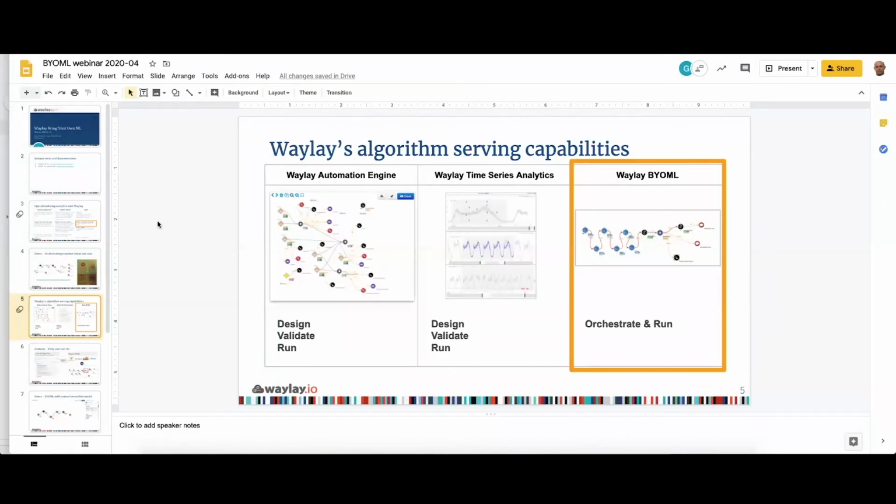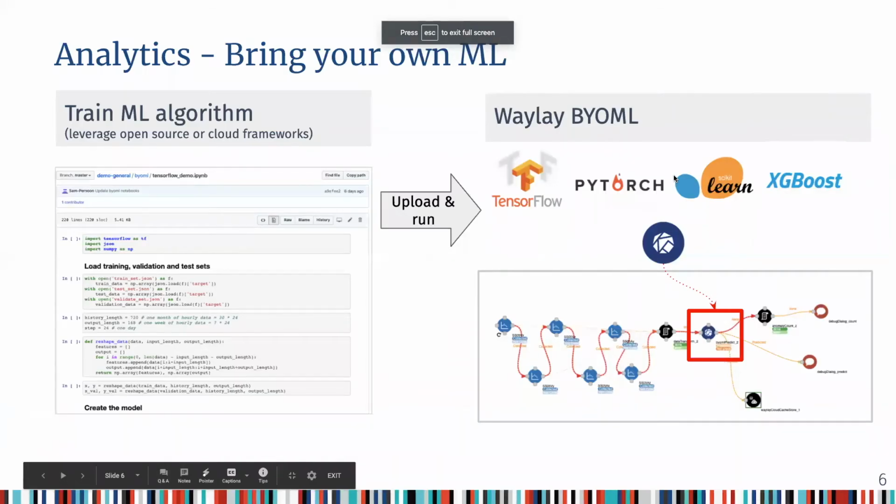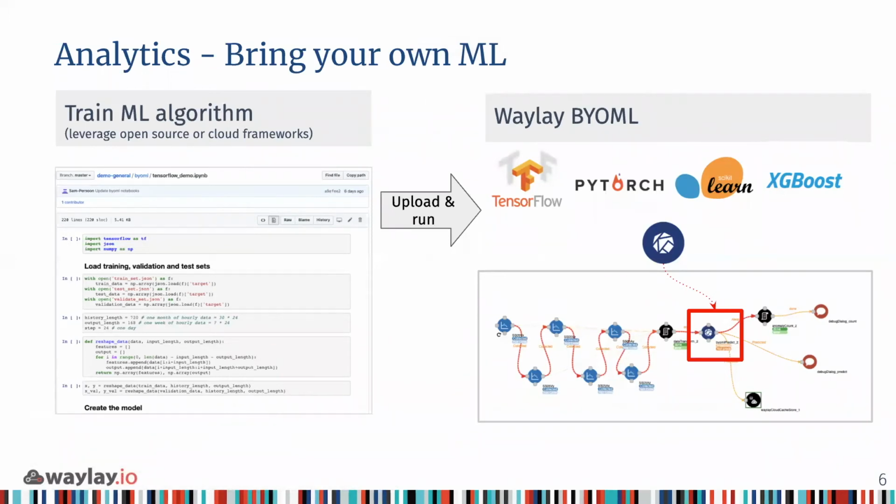Okay. All right, let's get to the example. So what is the idea? Well, I have built a TensorFlow algorithm on my personal PC. I'm using a Jupyter Notebook to create a TensorFlow algorithm, train it, and validate it with some pre-recorded data.